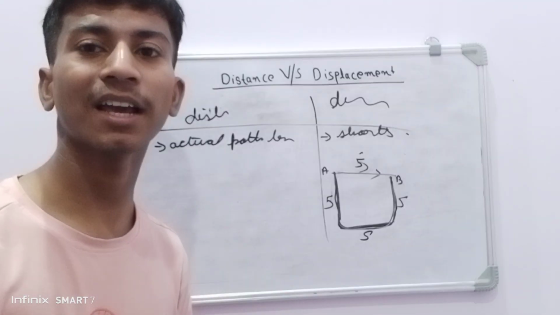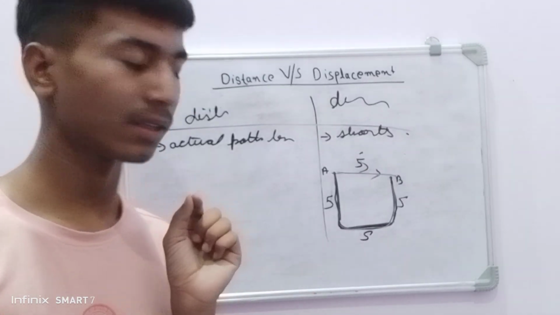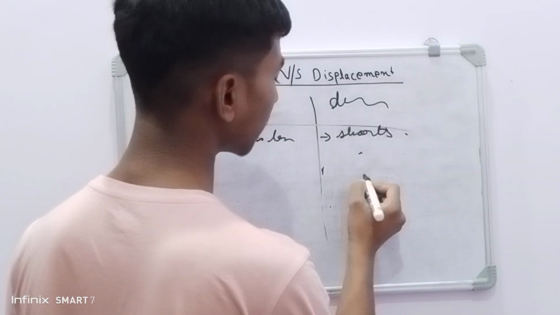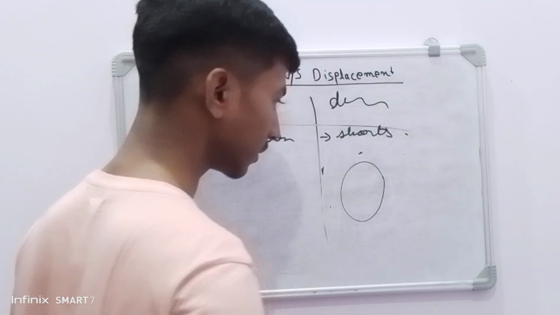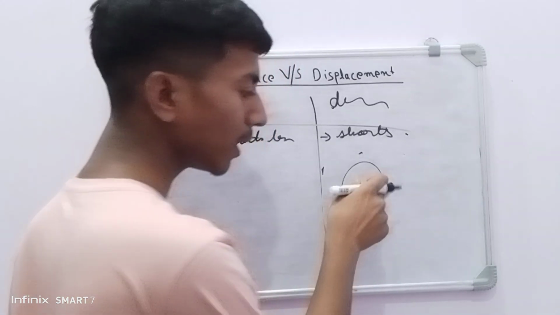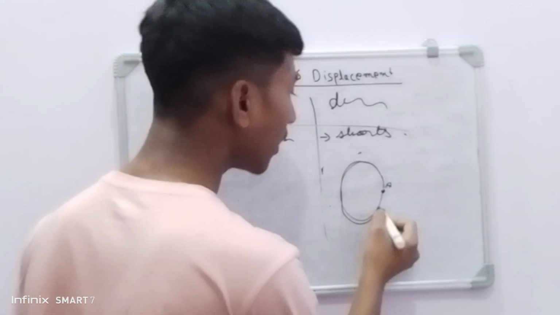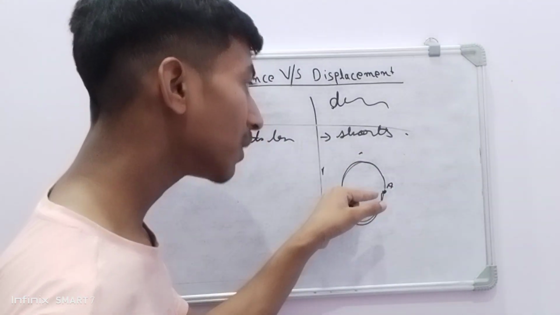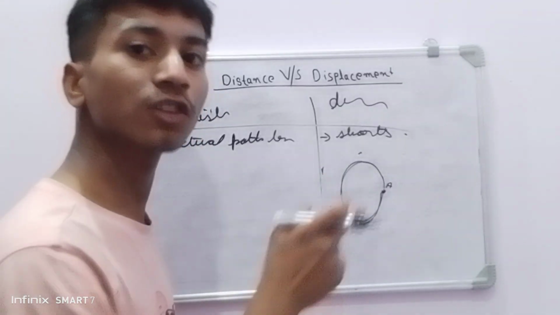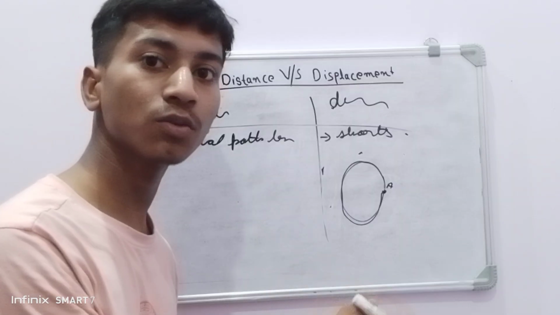One major thing I am going to tell you is that displacement can be zero even. Just consider a case of a circle, where a boy A started from a point, traveled here and here, and came back again here. As he started from point A and stopped at point A, the displacement becomes zero.